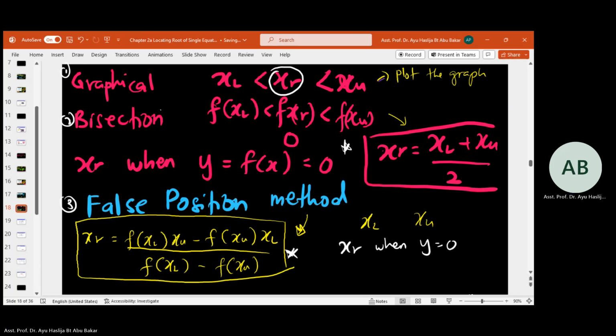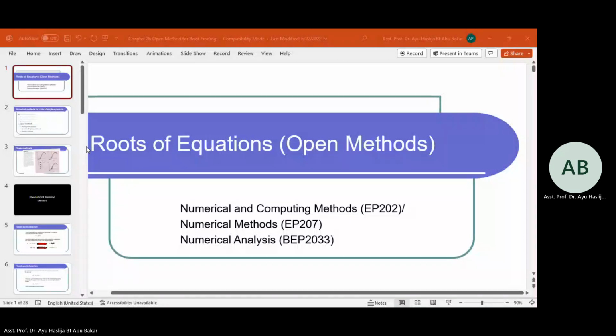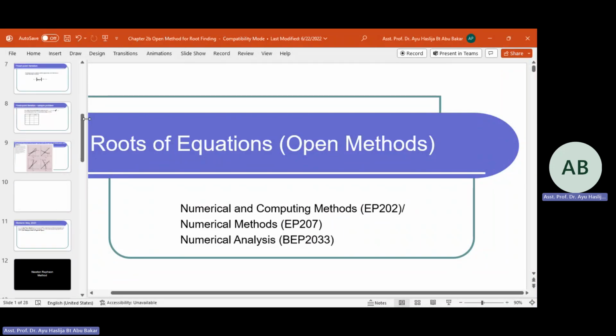Okay. Now that is bracket method. You have lower range, upper range. Now for open method, it is also to find the roots, the XR.